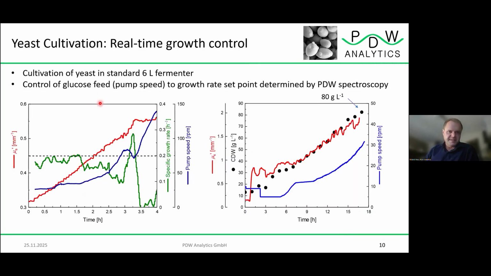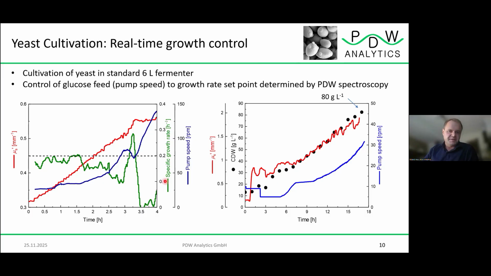Another example is yeast cultivation, here indeed already with a control loop. That was done in a standard Sartorius 6-liter fermenter. The idea was to control the feed of the glucose by the scattering coefficient determined. Again, the scattering relates nicely with the cell dry weight, so you have this specific growth rate because you see how the biomass develops.